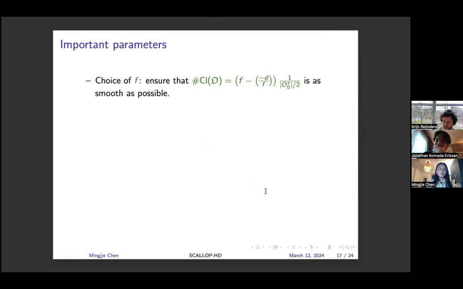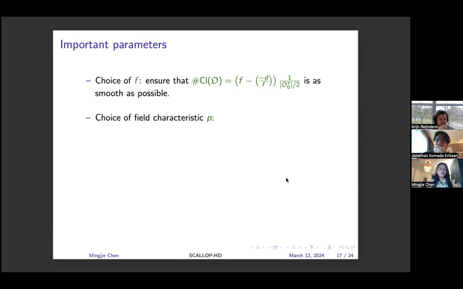And here are some important parameters for SCALLOP-HD. First, the choice of f. Now we don't have that extra constraint that SCALLOP had. So we really only need to make sure f is large, f is a prime, and then we can ensure that this class number is as smooth as possible.